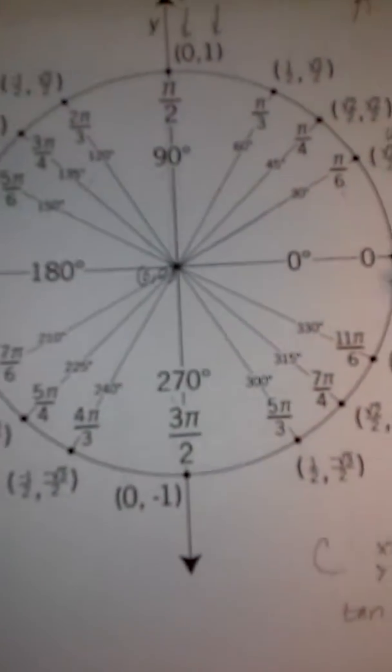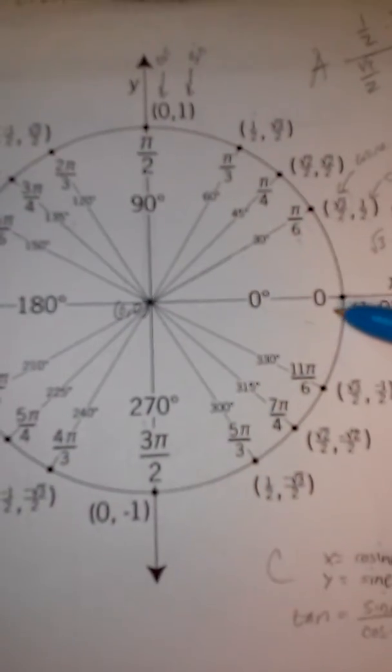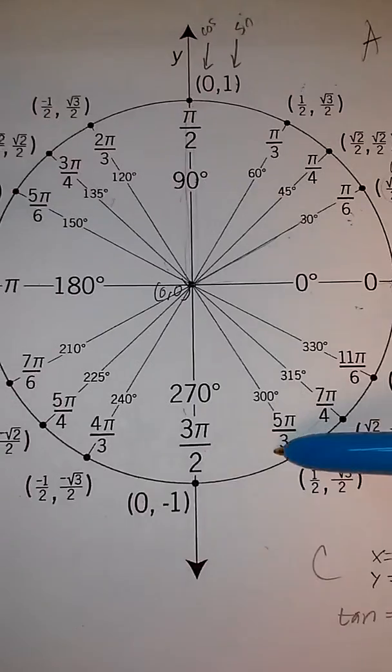I can do that. But another way, probably a faster way, is to say: it's negative 7 pi over 6. I know 6 pi over 6 is 180, halfway around a circle. So if you want to use your unit circle, I have to go negative 7 pi over 6, so I go this way around.